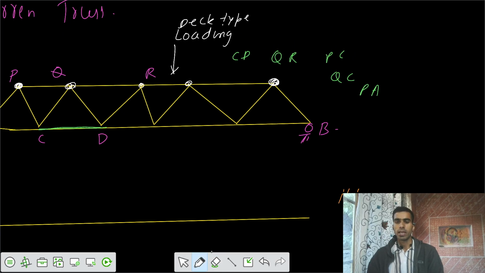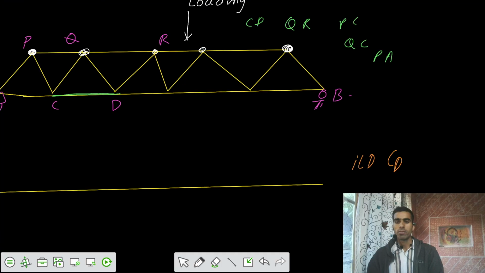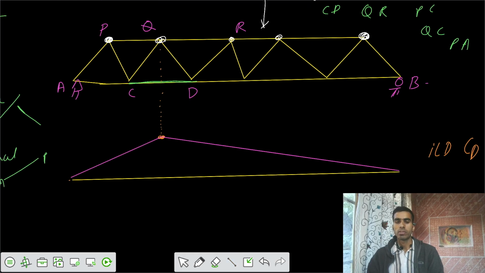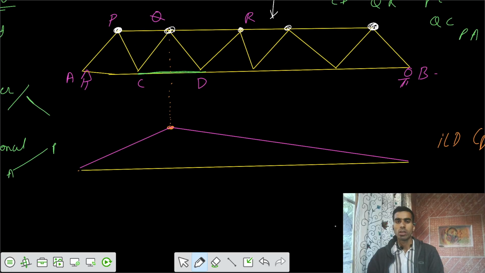Loading is from the top, so the loading joint is Q. Our critical point is only one, point Q, and the influence line diagram would be a straight line between those. That is, you join the critical point with the ends by a straight line. So this is the ILD for CD.